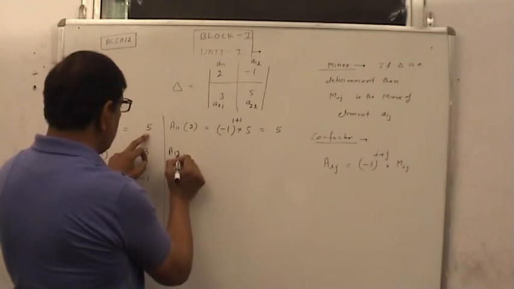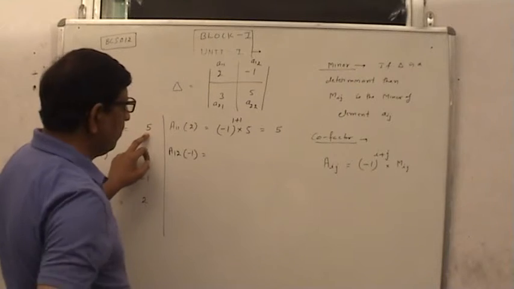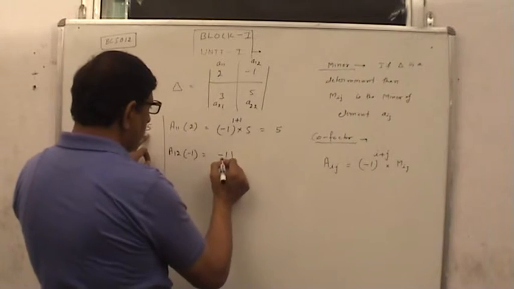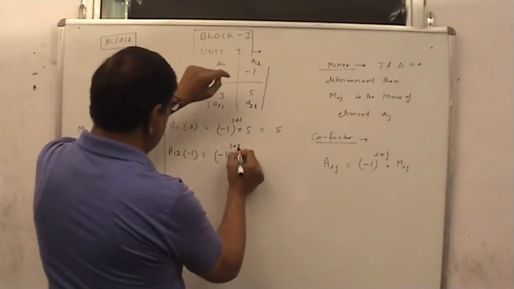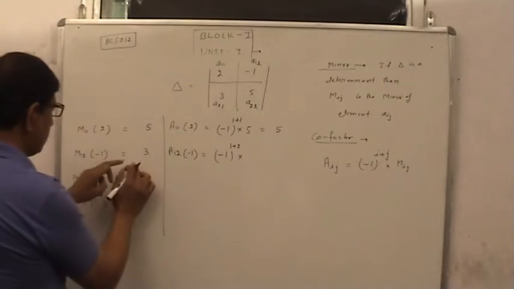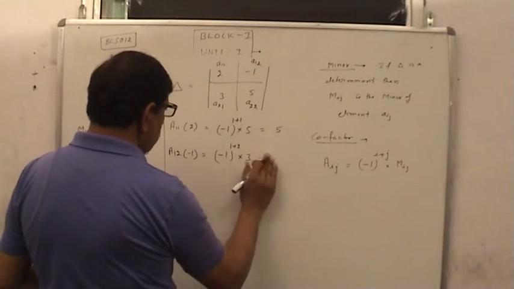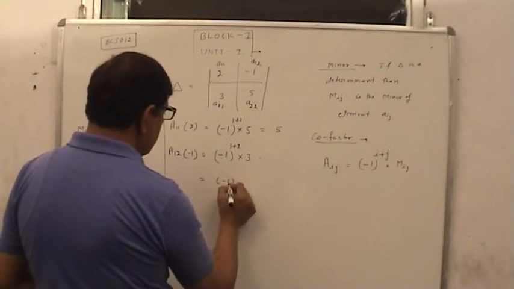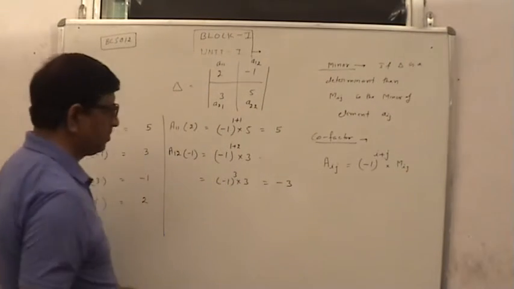Then A12 means -1. Now we write -1 raised to the power 1 plus 2, and its minor is 3, into 3. That is -1 raised to the power 3 into 3, equal to -3.